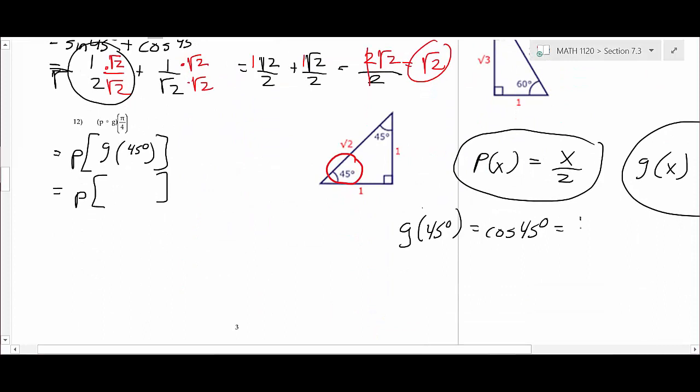Okay, so that would be 1 over square root of 2. And then if you rationalize the denominator on that, you're going to get square root of 2 over 2, like that. Okay, so I'm going to put that in here like that.